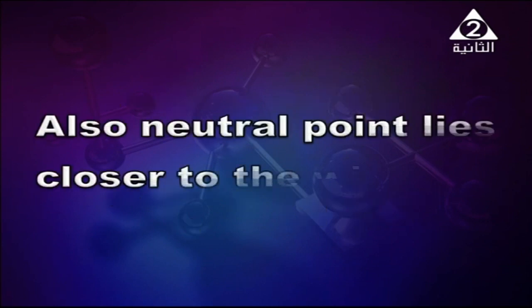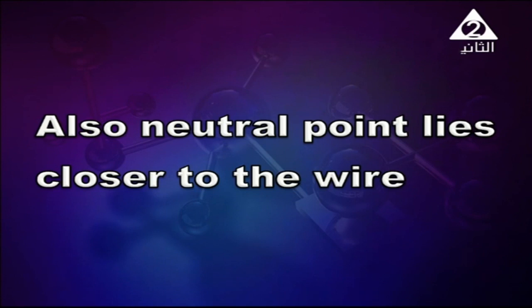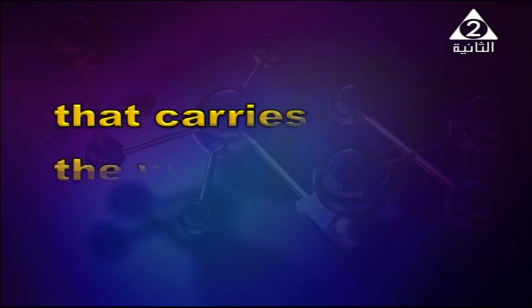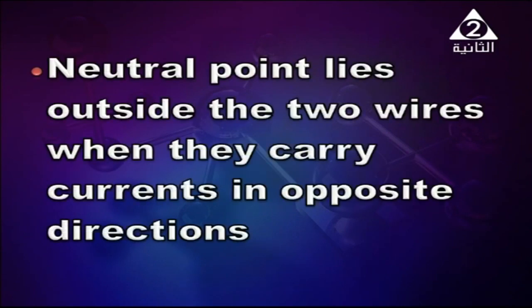Also, your attention, we've got a very important piece of information to mention. The neutral point always lies closer to the wire carrying the weaker current. The neutral point lies outside the two wires when they carry currents in opposite directions.